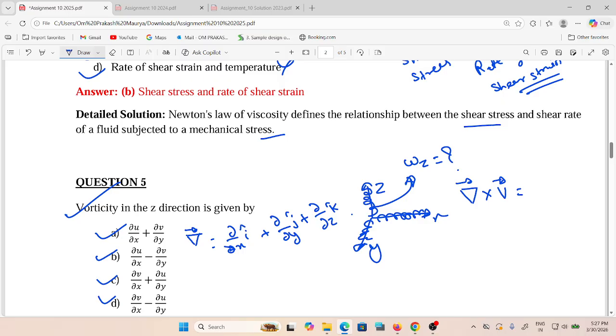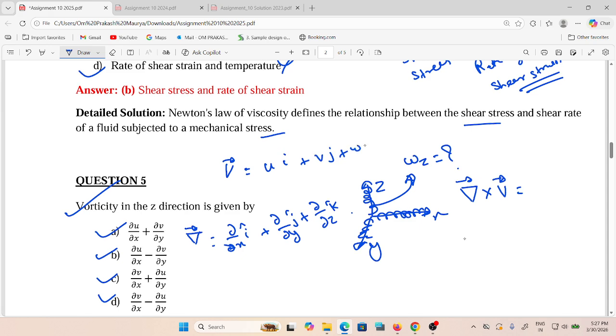And what is the velocity vector? I have explained earlier also. Let me explain again: u i plus v j plus w k.